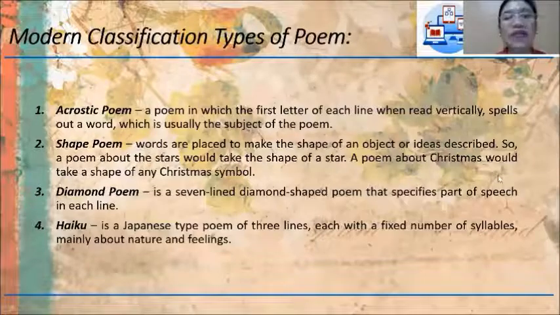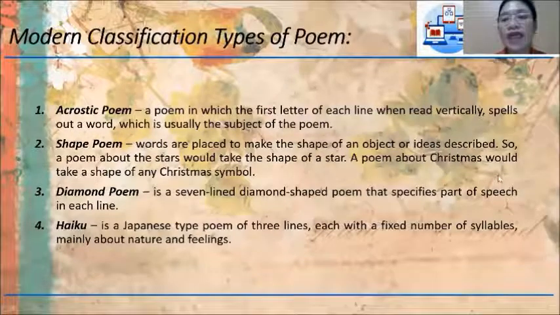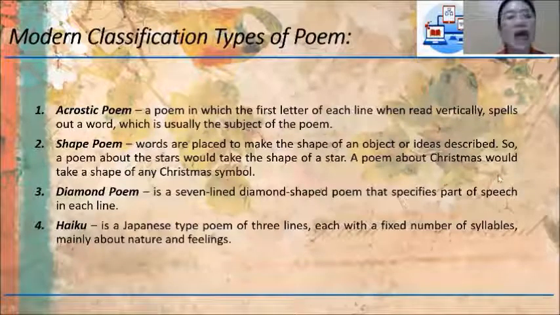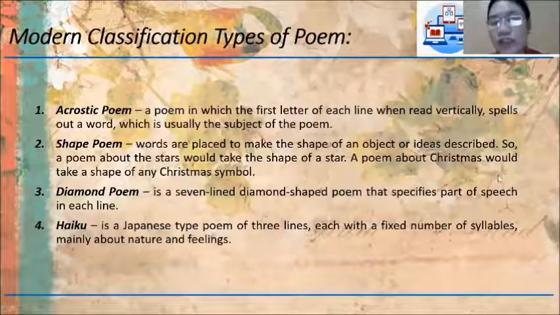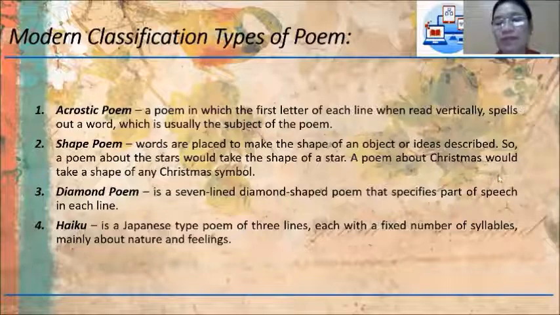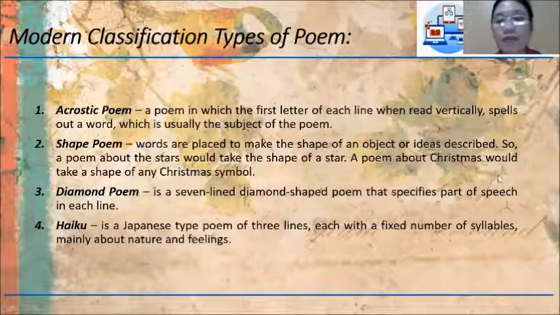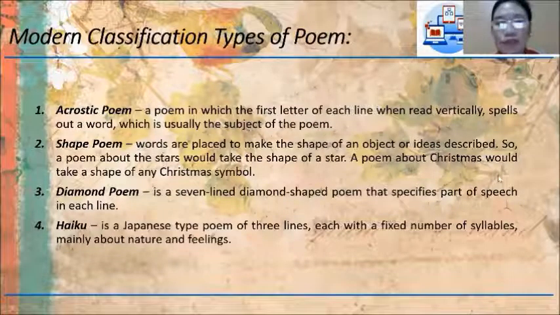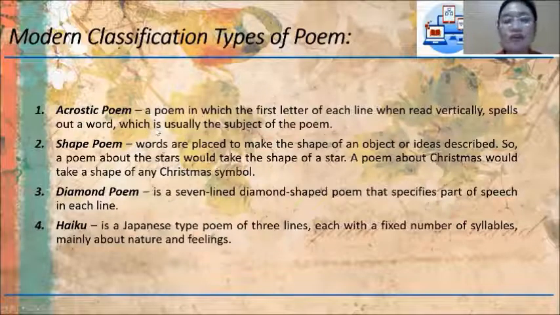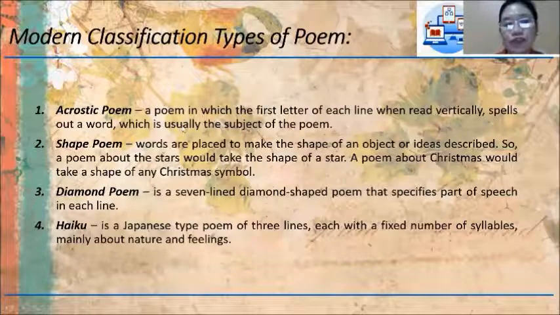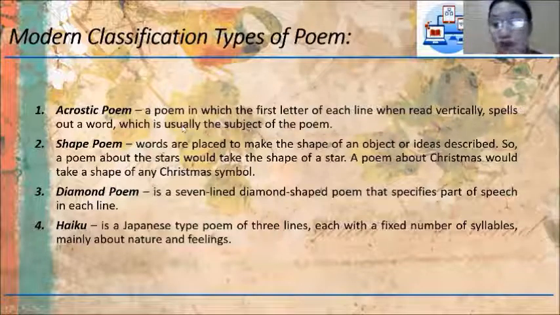Now, an acrostic poem is like an acronym. For example, the poem is about COVID, which is very timely nowadays. Each letter of the word COVID should give its description that makes it acrostic.